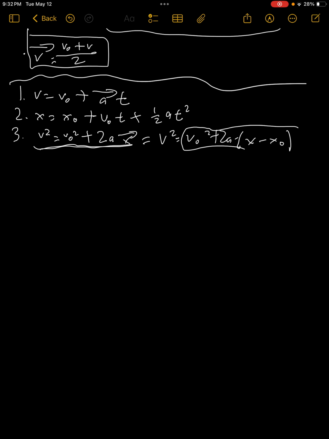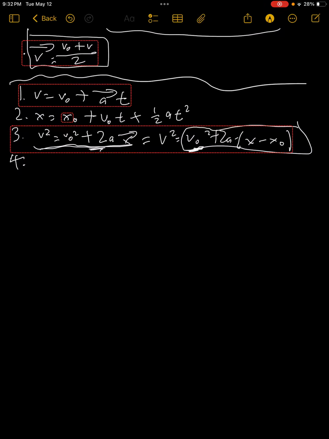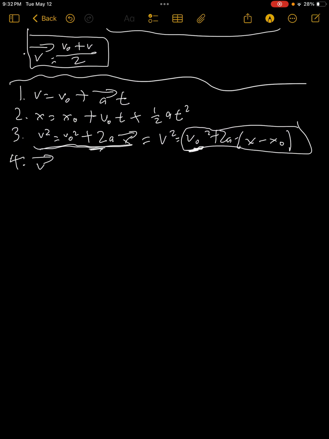This also works. But the other is also enough. It's just that if you have more information, you can use this. And the fourth and final one is velocity equals initial speed plus final speed over 2.